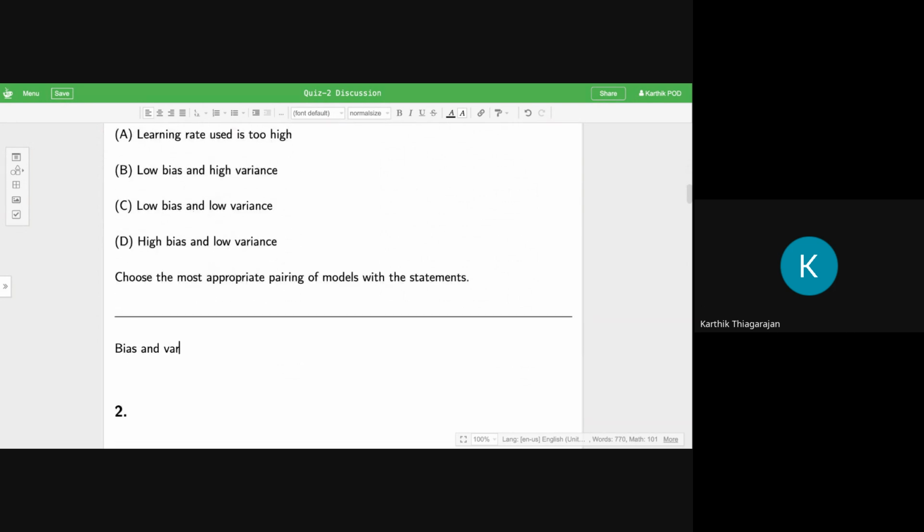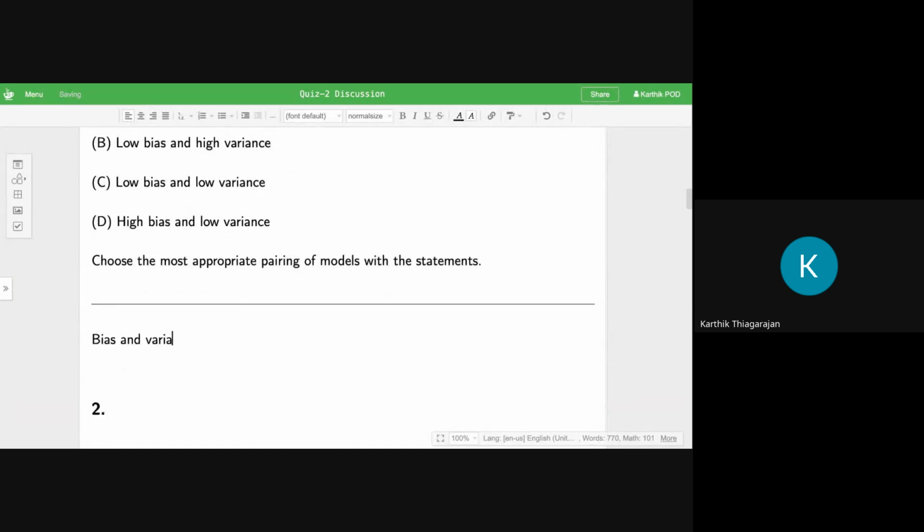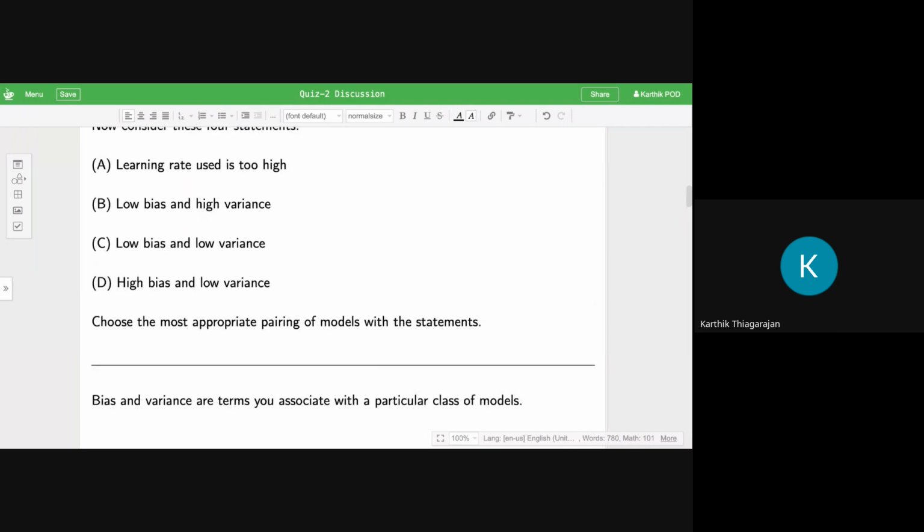Bias and variance are terms you associate with a particular class of models. We generally don't associate bias and variance with a particular model. We usually associate them with an entire class of models.